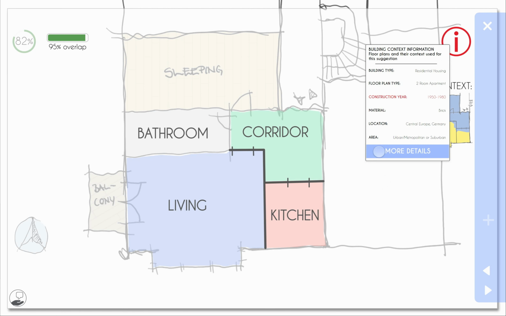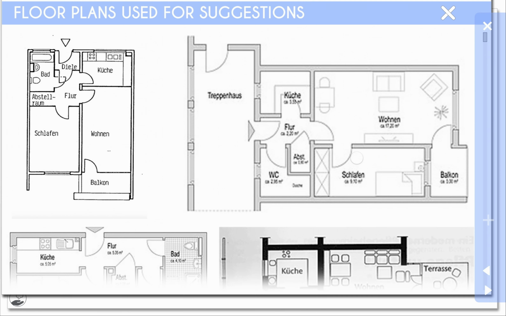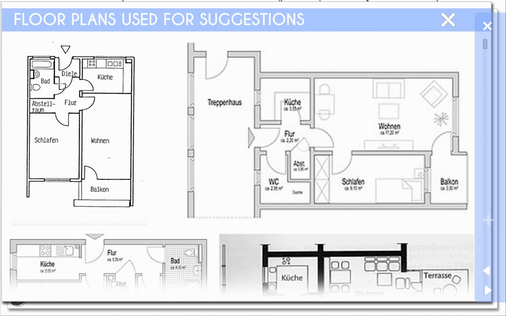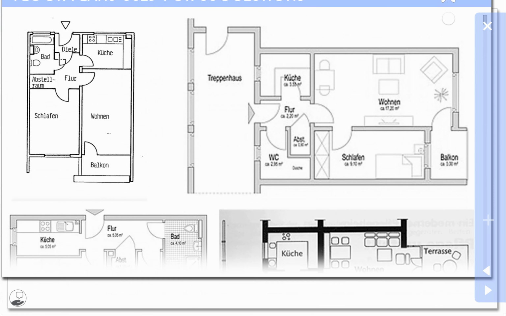Let's go for more details then. So we can directly access the floor plans as used for the suggestion. And we can see that all of these apartments are now completely closed. There is no open floor plan included to create the suggestion.